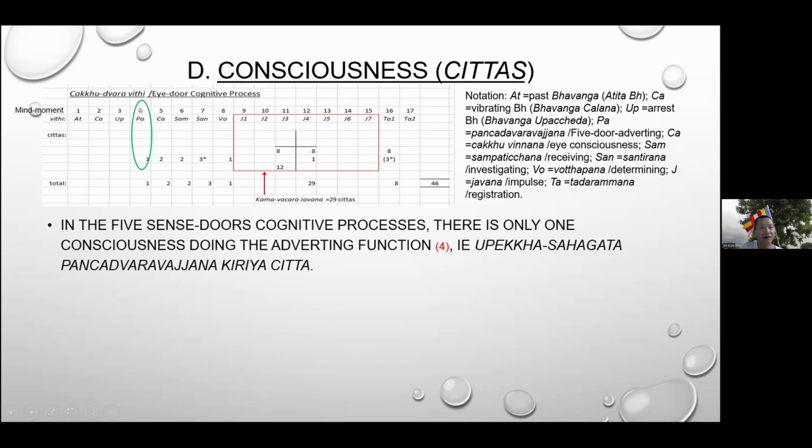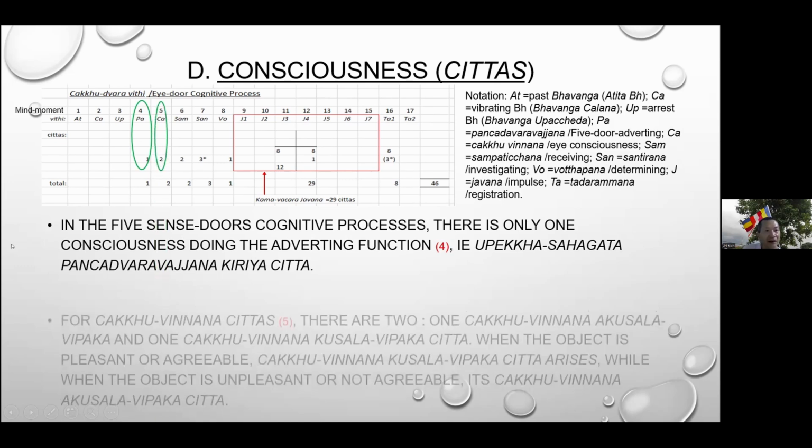In the case of the 5-door averting consciousness, in a 5 sense doors cognitive process, there is only one consciousness doing the averting function, and that is the Upekkha sahagata Pancha Dwara Vajjana kiriya citta. This is actually a rootless functional 5-door averting with neutral feeling.